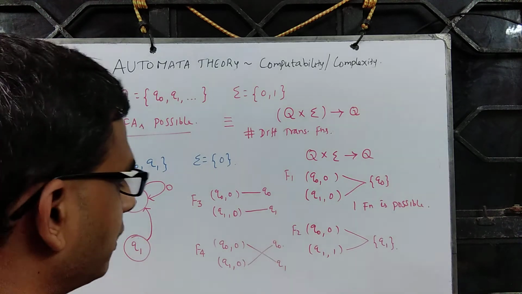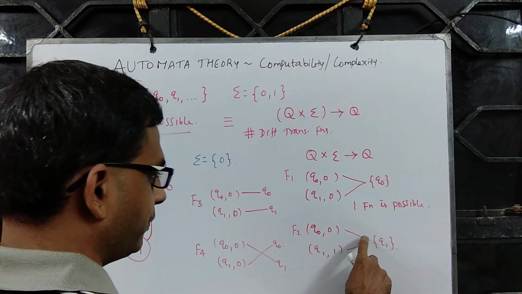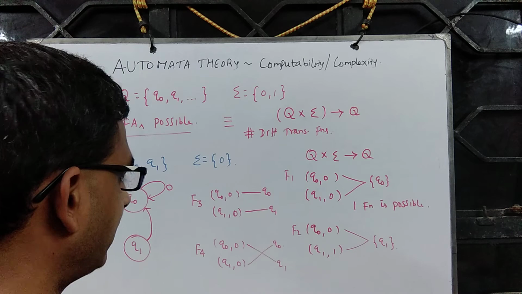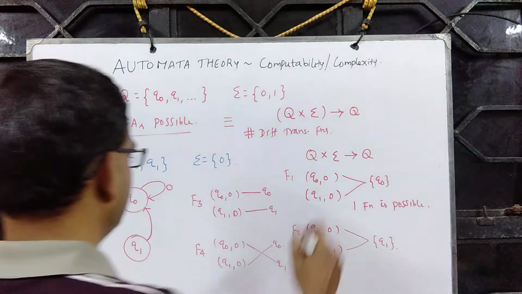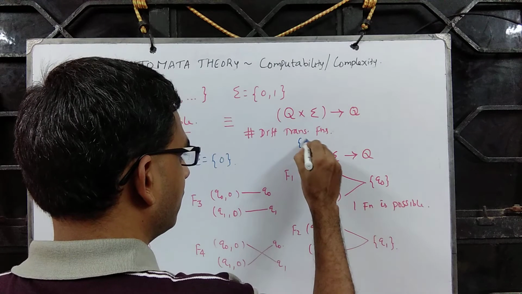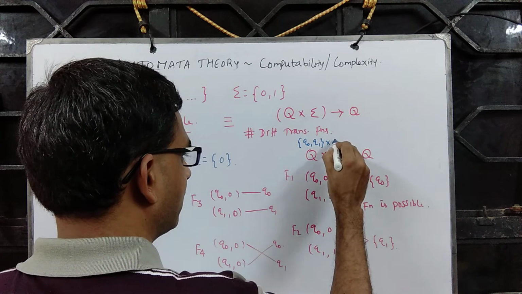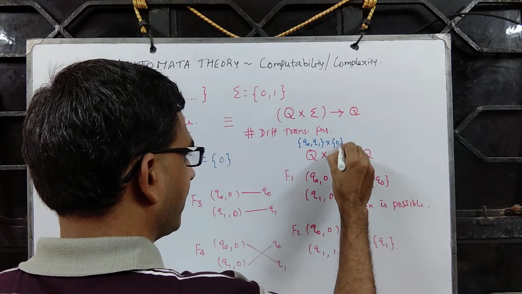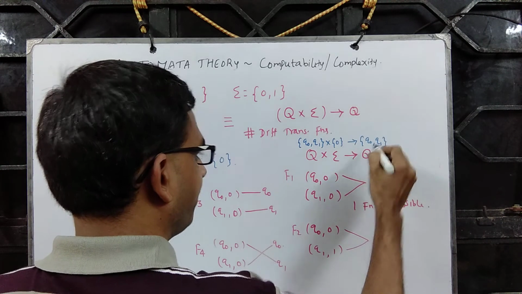Fine, so this gives you 1, this gives you another 1, so like that 4 functions are possible, correct? Because Q has 2 elements and sigma has just 1 element, and that is mapping to Q0 comma Q1.